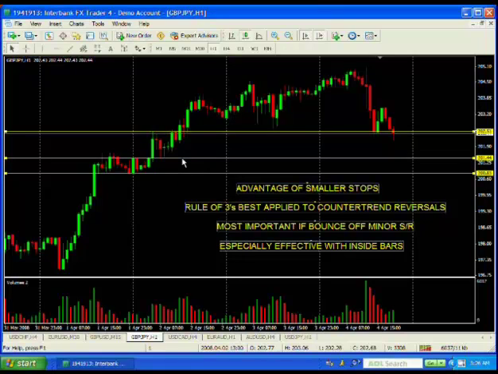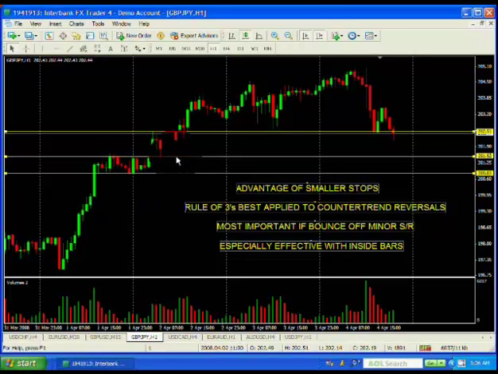It will still keep us in the same area as our swing top here, but it's so tight, and as we talked about earlier, swing support and resistance takes precedence over dynamic support and resistance.